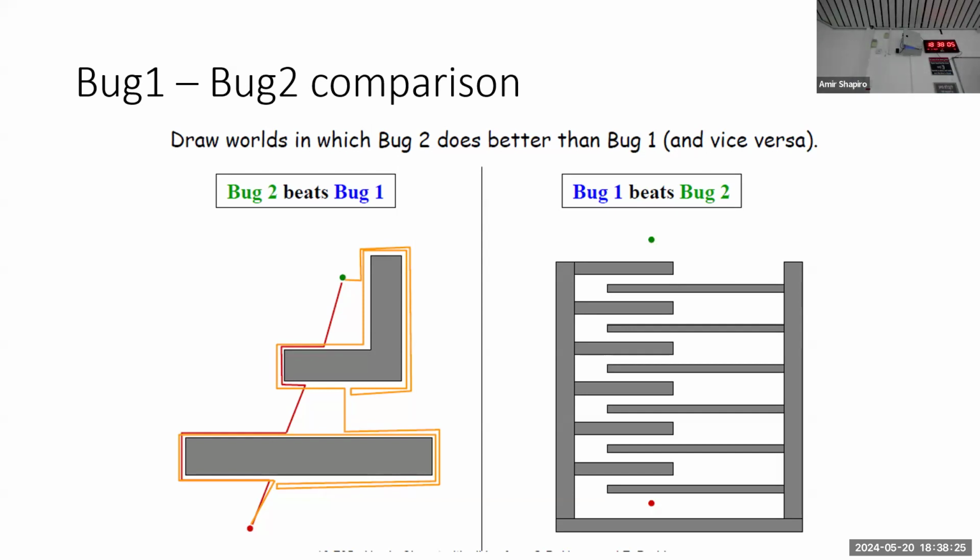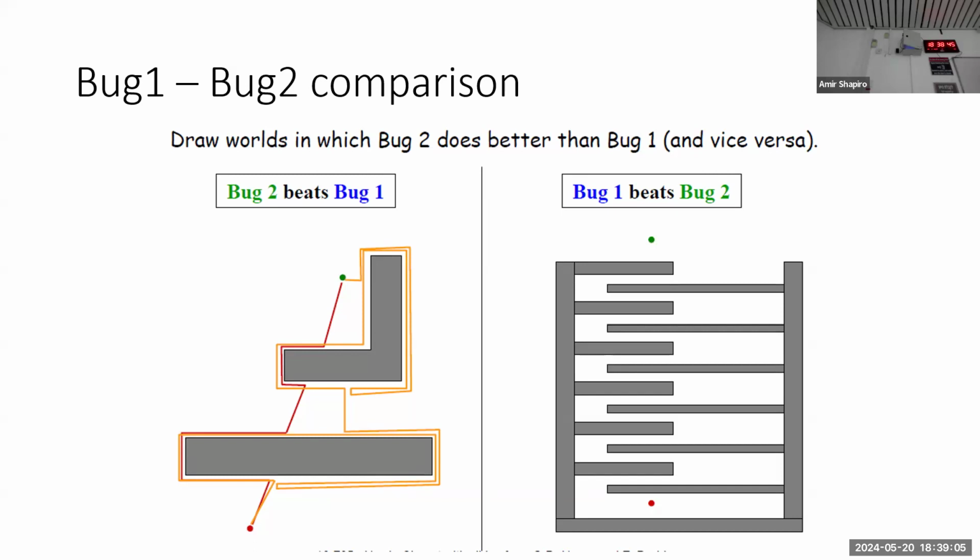But what about this environment? Let's see. If we take bug one and go from here to here, then bug one will take this point and then move all around and this all around until it gets here and moves back, right? This is bug one. What would bug two do?